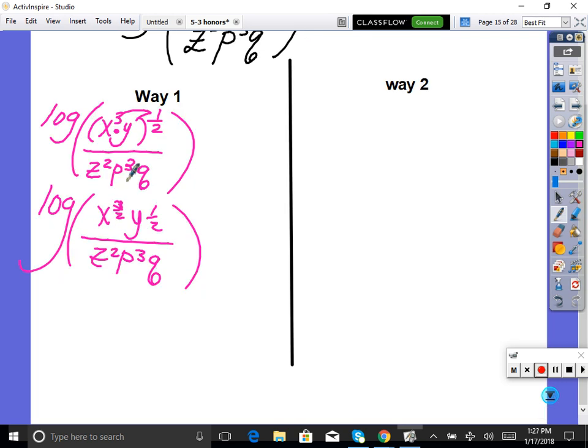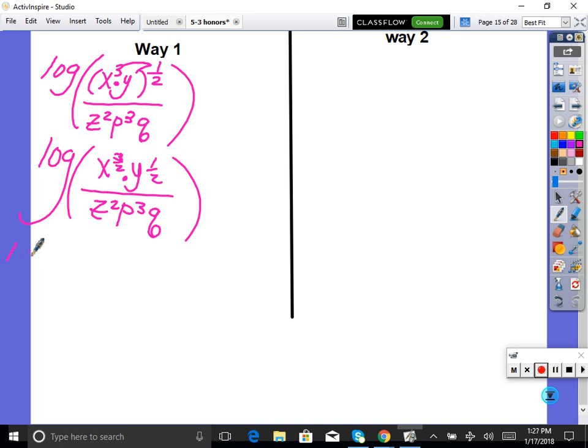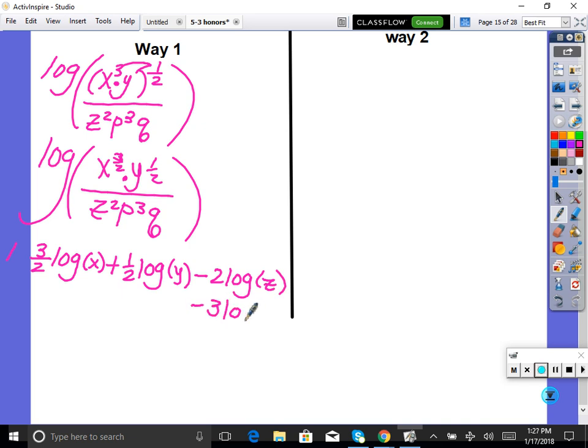Because of the multiplication, we would have, and does anyone mind if I just jump to bringing these out in front? So we would have 3/2 log of x plus 1/2 log of y, and then minus 2 log of z, I got to write below it now, minus 3 log of p minus log of q.